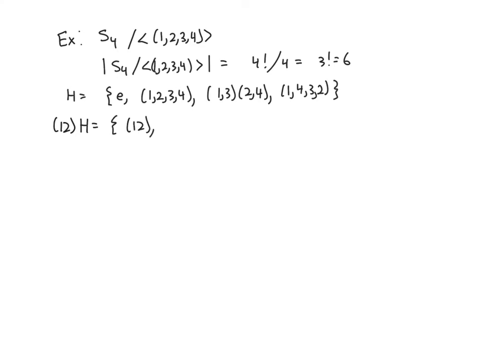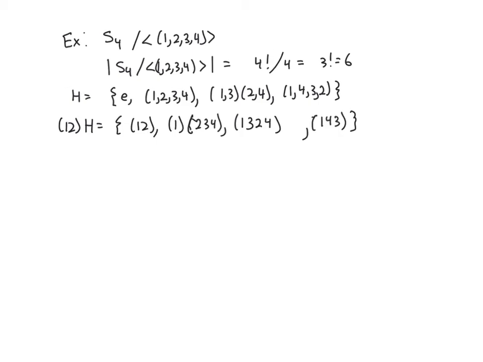I hope you don't mind, I'm going to just speed through the calculations. All right, so speeding through, if you multiply on the left by (1 2) for all these permutations, these are the 4 you get. A 2 cycle, 3 cycles, and this 4 cycle.